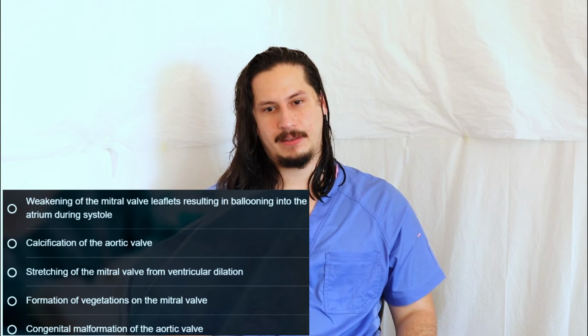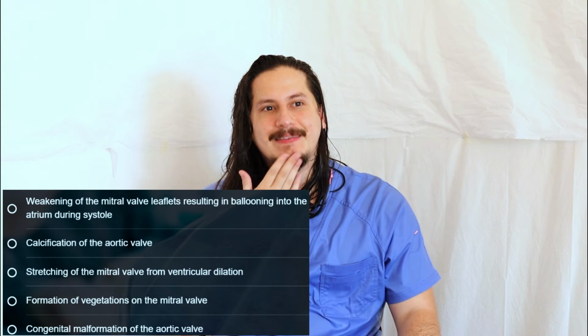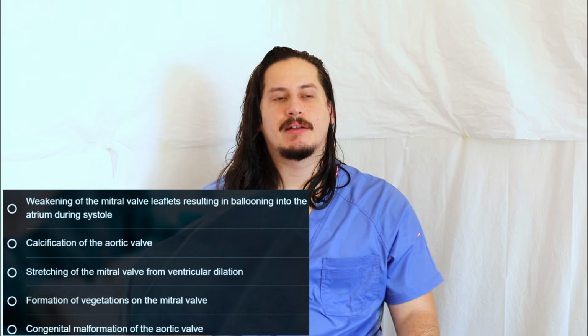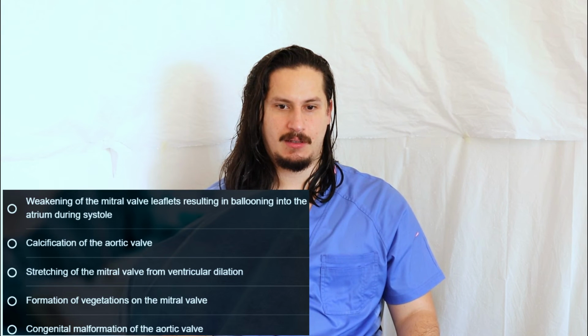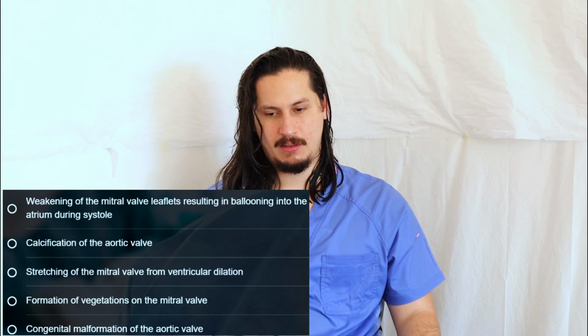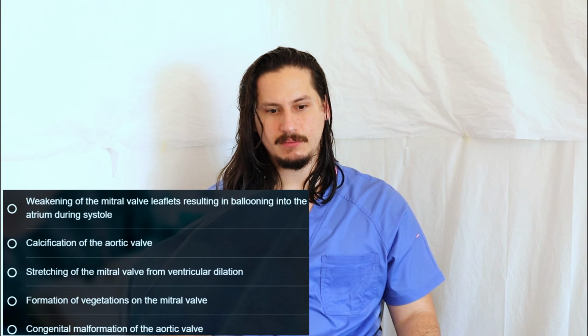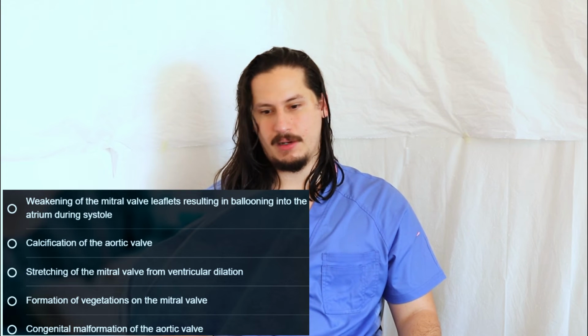Weakening of the mitral valve. Next. Congenital malformation of the aortic valve. Next. Calcification of the aortic valve. Formation of vegetations on the mitral valve. No, so off the bat, we don't think of mitral. Here we're thinking of a congenital malformation or calcification.